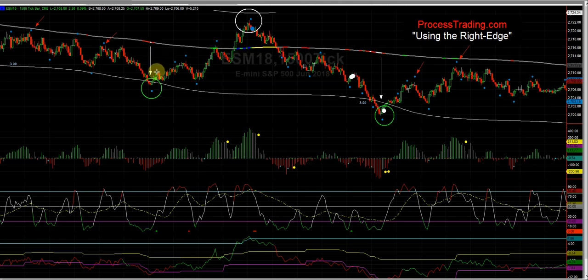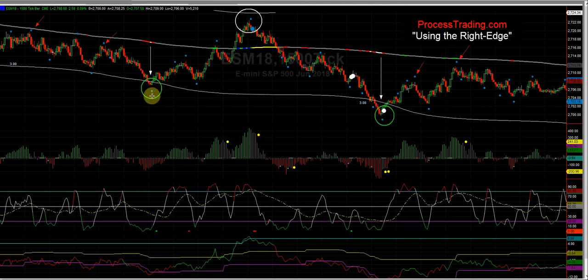The next thing we look for, of course, is the price to break the VWAP, to touch it or break it. Then, once price has done that, then you need a timing alert dot, which we have right here and we have right here.